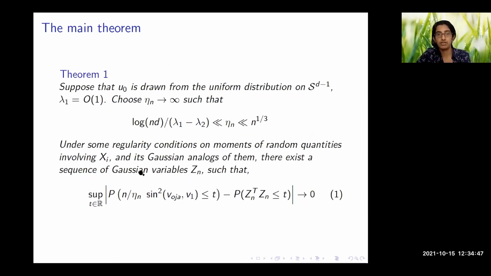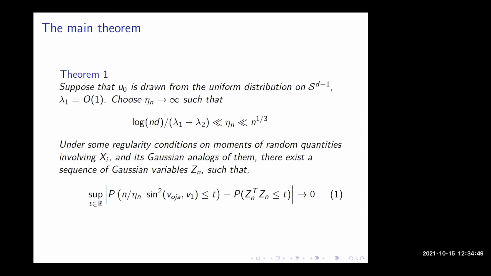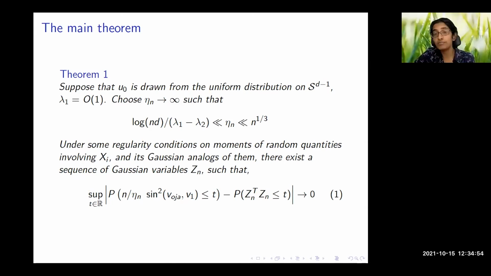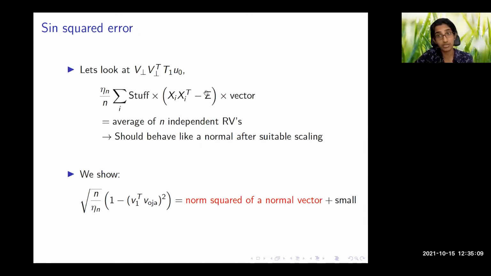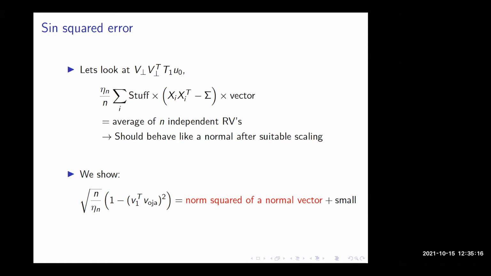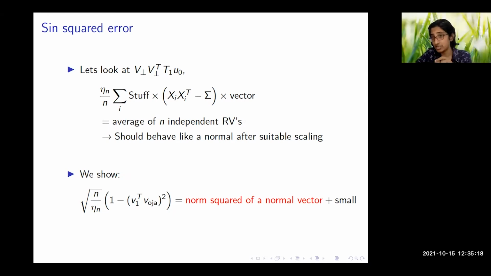Right. So Purna, how do you deal with the fact that they're not IID, they're just independent and mean zero? That's a great question. There was already a paper which deals with sums, or averages, of mean zero IID random vectors. They are all mean zero, by the way, because the stuff and the vector are constant. But they're not IID. They're not IID, but they are mean zero.